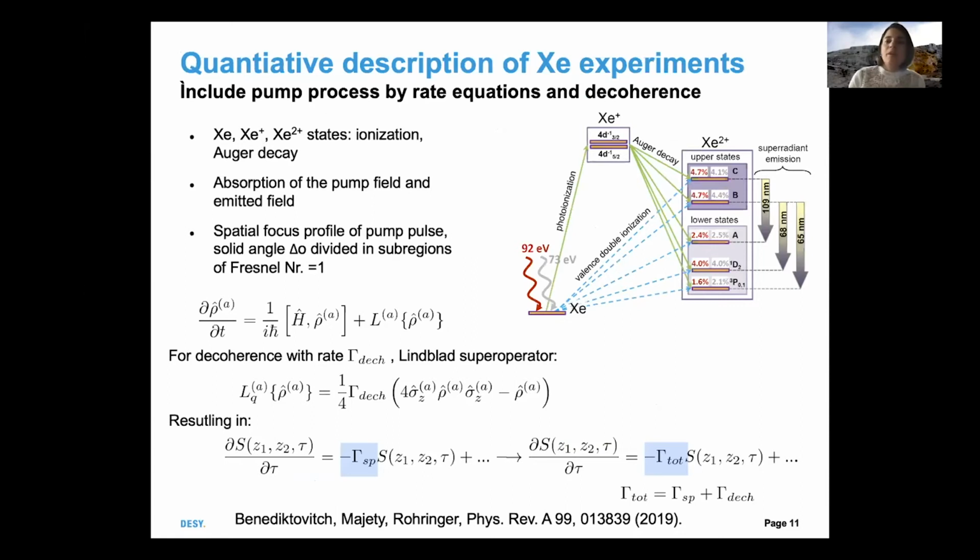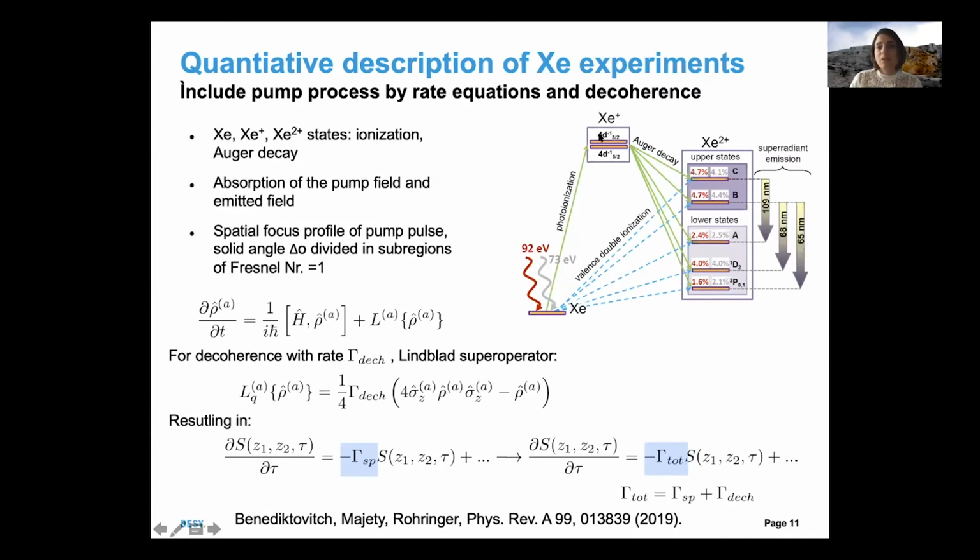So the theory presented is quite ideal because we have not treated the pump process yet and decoherence processes. The pump processes can be quite involved, and I am showing here the case for our experiment on xenon atoms, where we started out from xenon in the ground state. This state would be ionized by the FEL to the 4d hole state of the xenon ion.